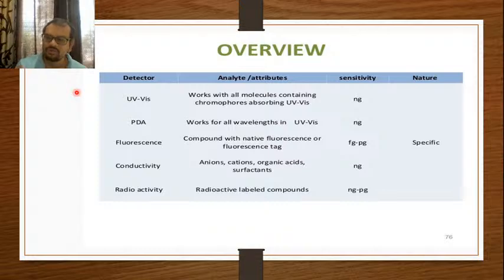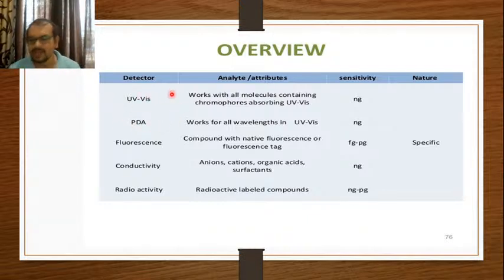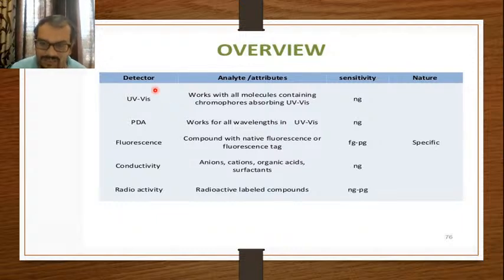If you convert it into a derivative which absorbs UV light by just adding a chromophoric group, then such a technique is called a derivative spectroscopic technique. That means a compound which does not contain a chromophore or does not absorb in the UV range can also be detected in a UV visible spectroscopic detection system as in HPLC.